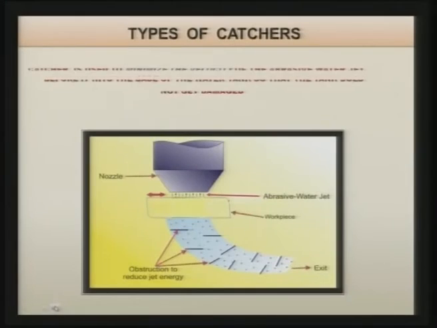That is why, before it really hits the table or the container or the tank of the water base, the velocity of the abrasive water jet is reduced to the minimum possible value, so that the impact with which it hits the table or the bottom of the water tank is low enough not to damage it. That is why the catchers are being used.